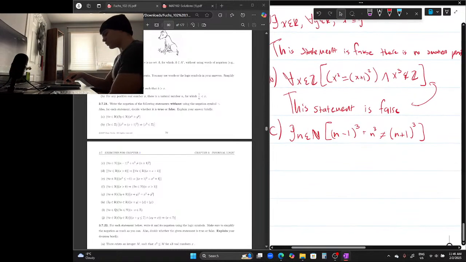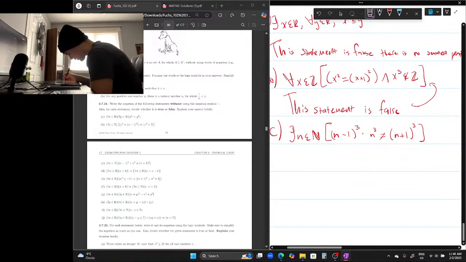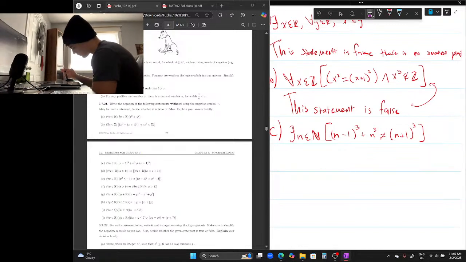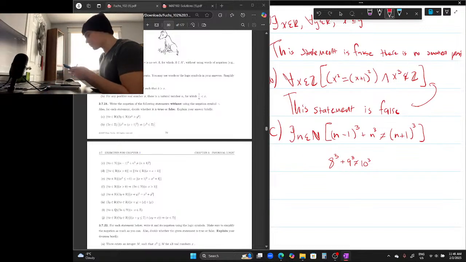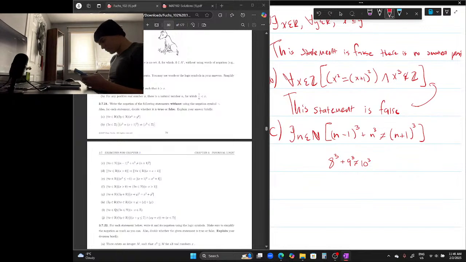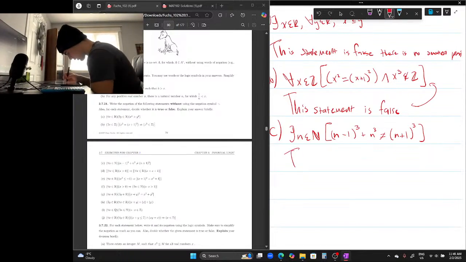For all integers. So basically, if you have three consecutive integers, the first two cannot equal the third one. So let's just say 9: 8 cubed plus 9 cubed is not equal to 10 cubed. Calculator. Definitely not equal to 10 cubed. Okay, so the real statement is false then, because we found one example.